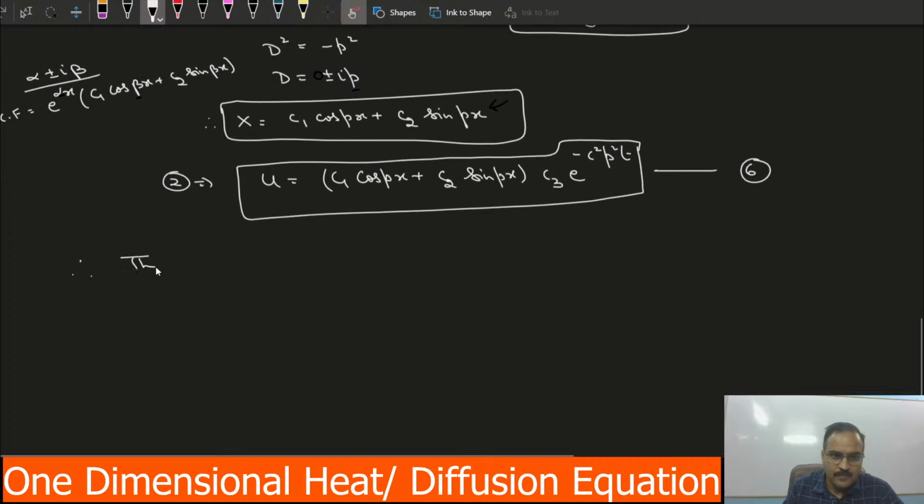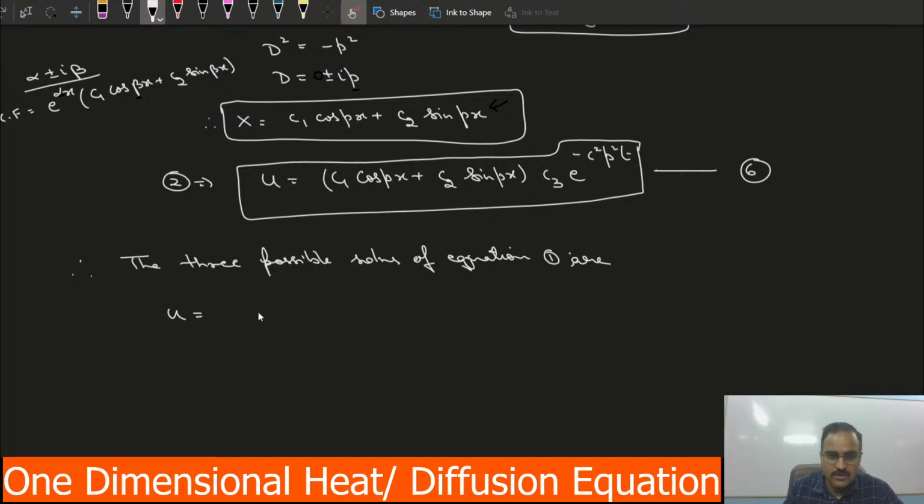Therefore the three possible solutions of equation 1, that was the heat equation, are as follows. The first solution was c1 x plus c2 into c3.